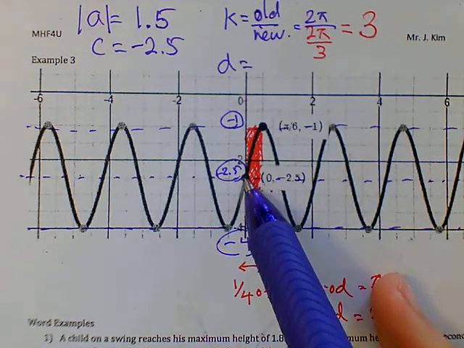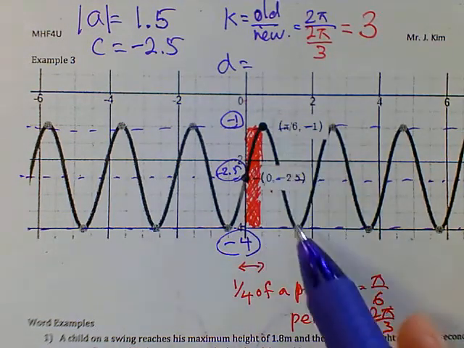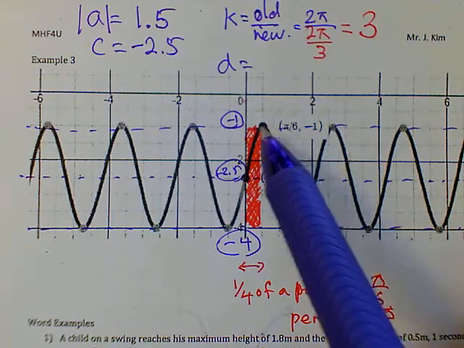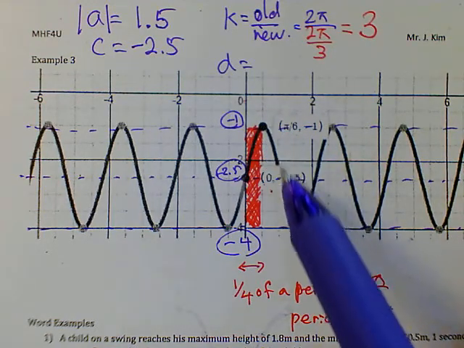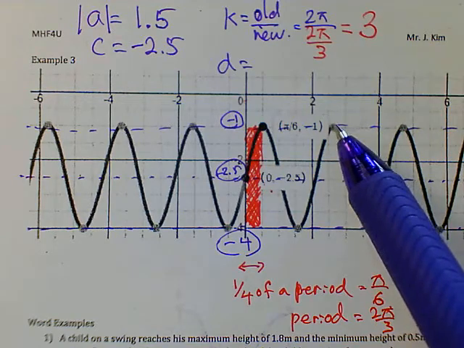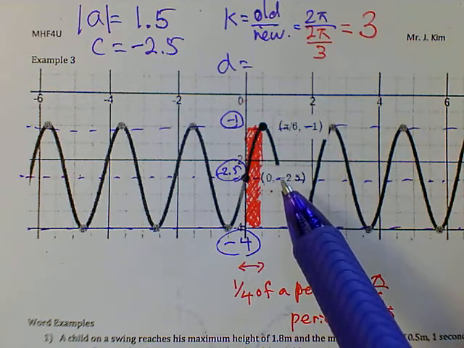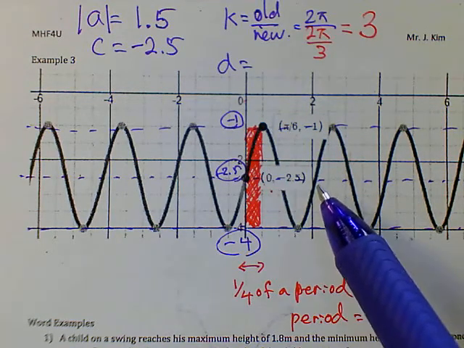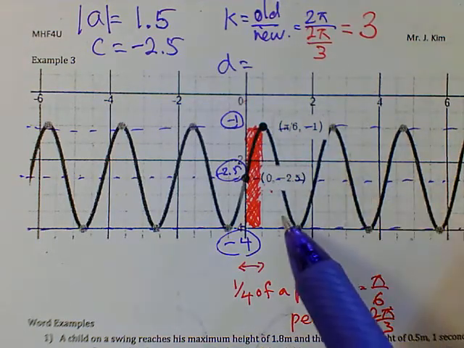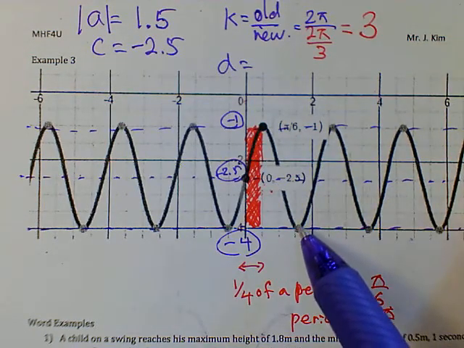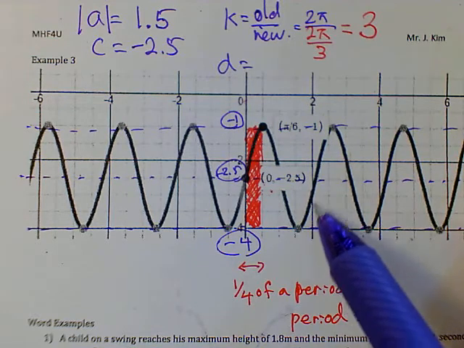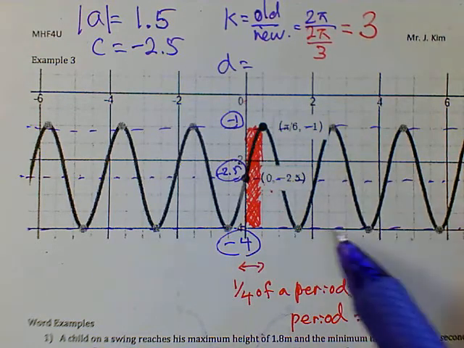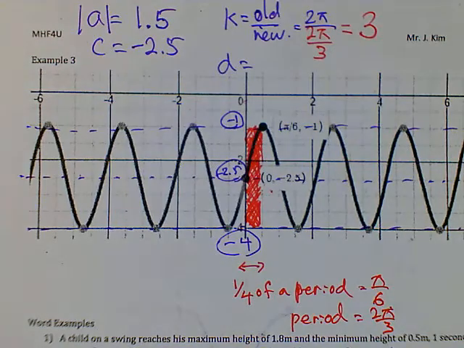If you want to start the curve right there, then we're dealing with a sine curve. If we want to start the curve from here, we're dealing with a cosine curve. If you want to start the curve in the middle, but it goes down, well, we're dealing with a sine curve that has been reflected. If you want to start the curve at the bottom, at the minimum, we're going to be dealing with a cosine curve, but it's been reflected. It's up to you, really.